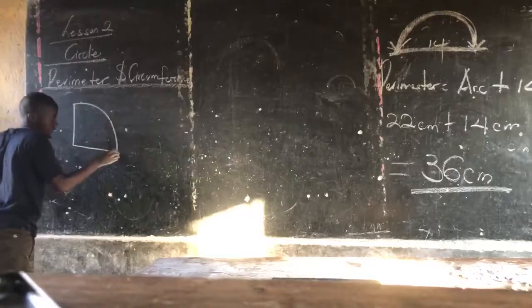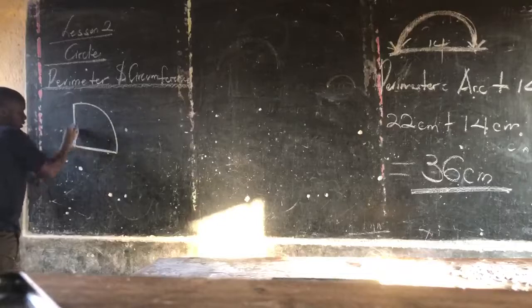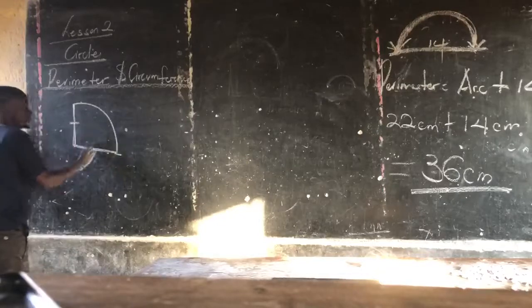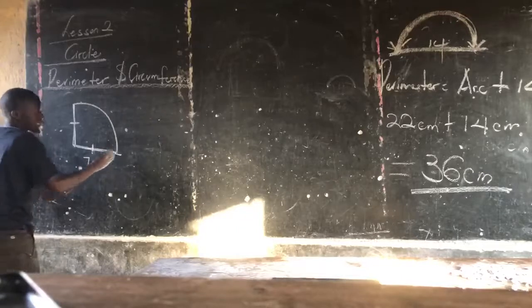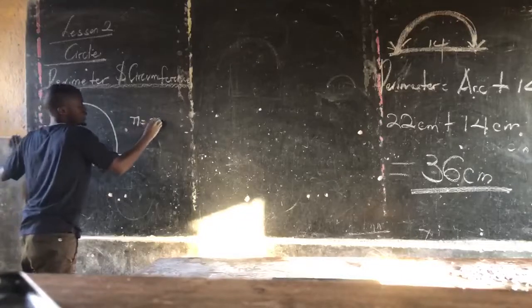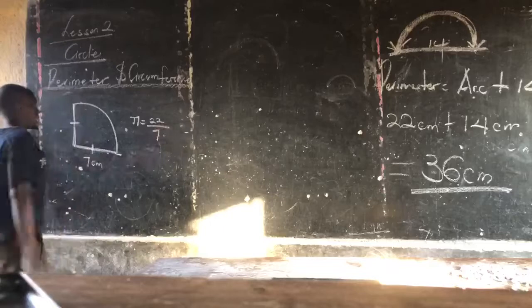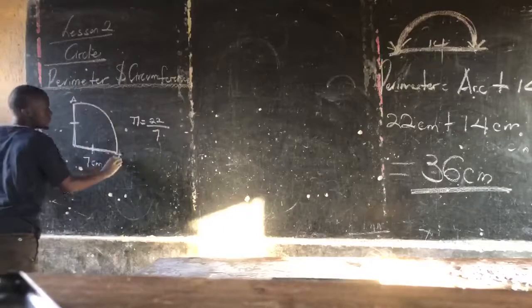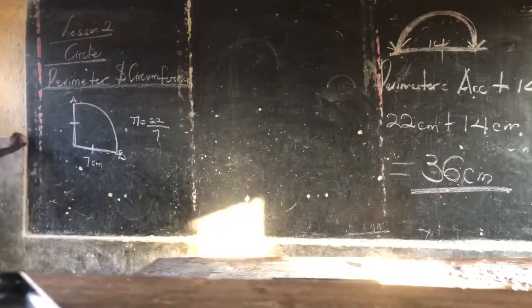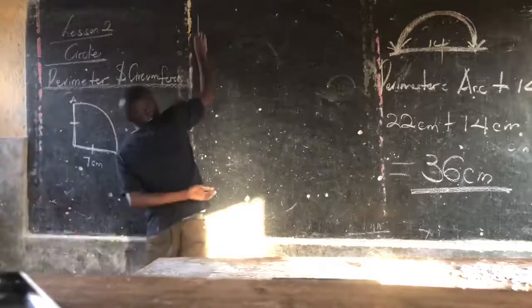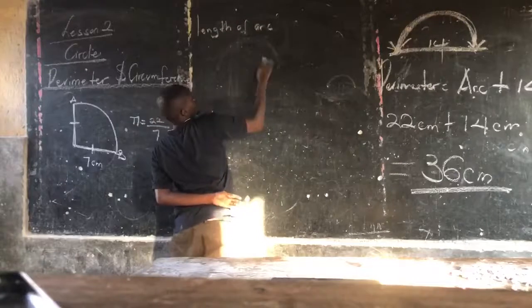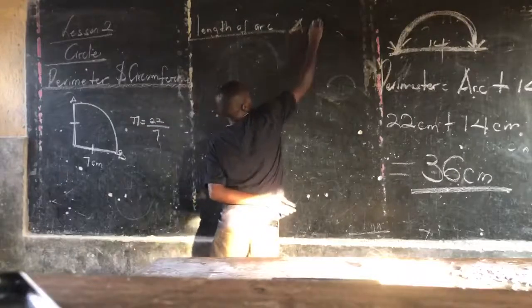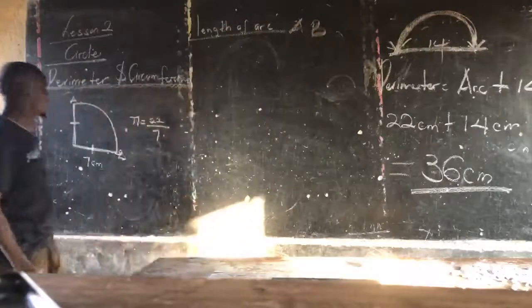You call this one 7 centimeters, and pi shall be taken as 22 over 7. Therefore I call this A, and you call this one B. So let me get the length of the arc AB.